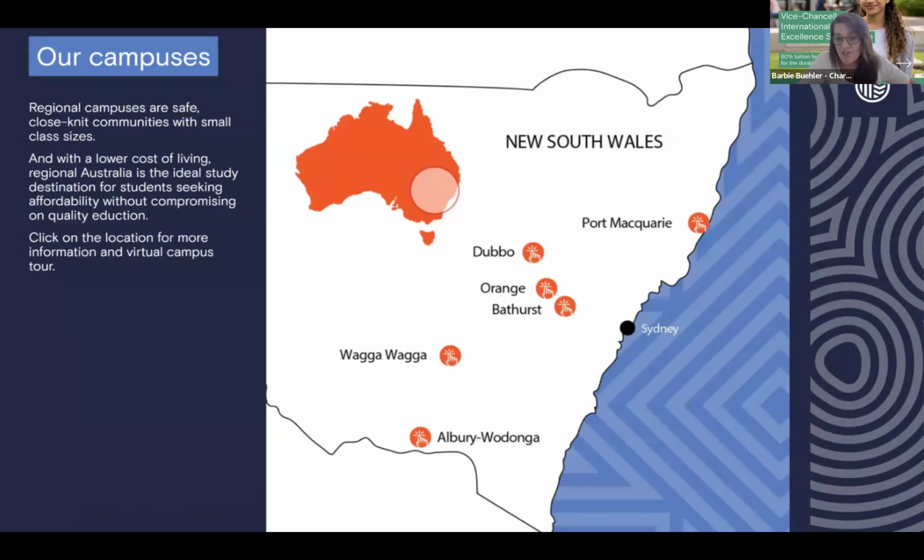The cities in these regional areas are very large, and they are fully functioning big cities with hospitals and buses and transport and everything that you could need in a city. There is also a lot of availability of part-time work. Actually, there's a shortage of skills in the areas, so that means students have more opportunity to get part-time work while they're studying. And they're not like some people might imagine, that there's nothing there.